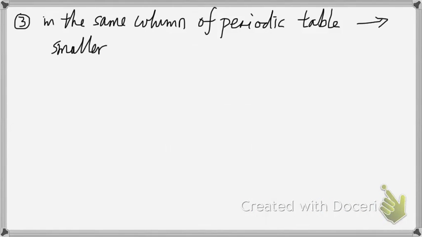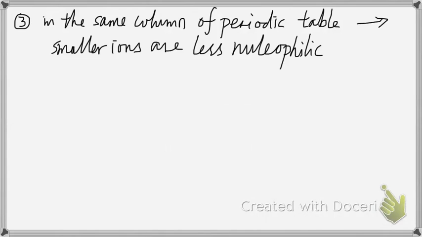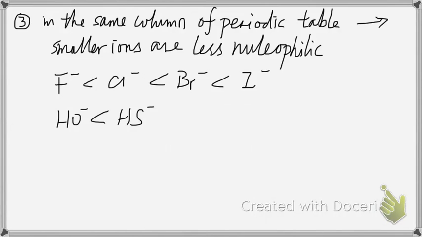And in the same column of the periodic table, that's not true anymore. For the same column, the size will matter. So here is the nucleophilicity of different ions in the same column.